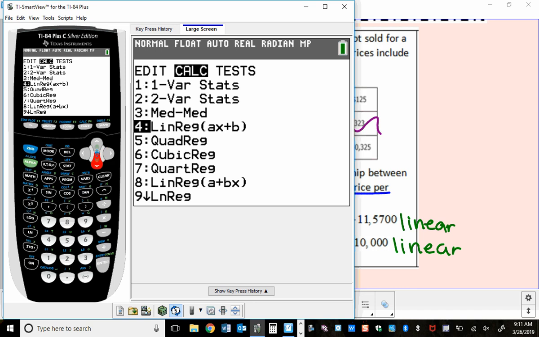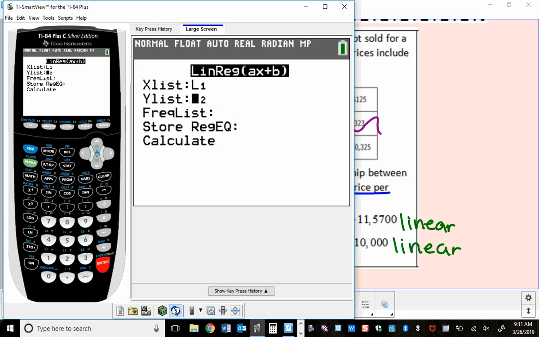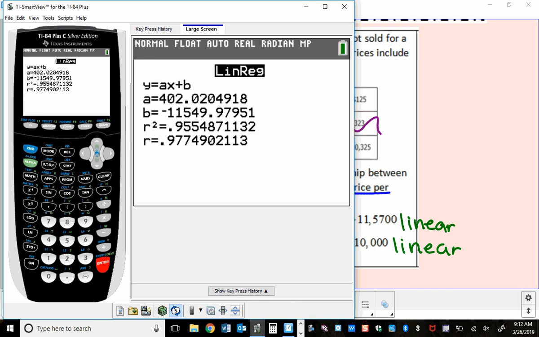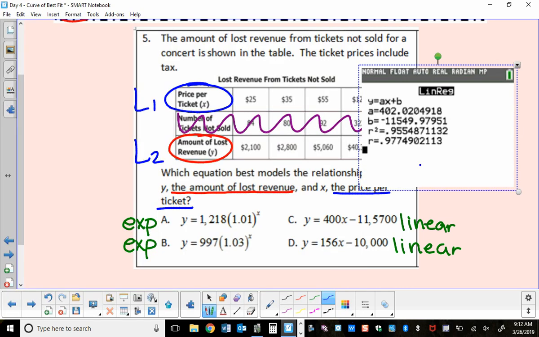What I have to do first is highlight number 4 for LinReg, that means linear regression. Hit enter until it calculates. And you should have all this information. Do you guys have this information?